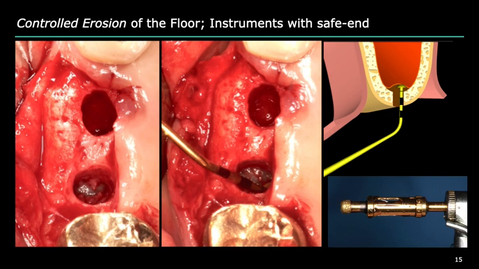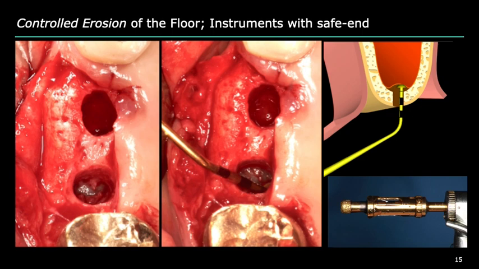To grind out the cortical floor, tactile sense would be one of the important factors, and soft tissue palpation with a depth gauge would be important. So you can feel the soft tissue.